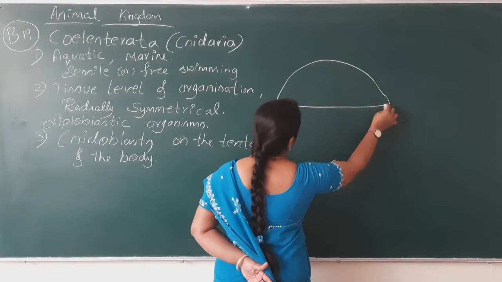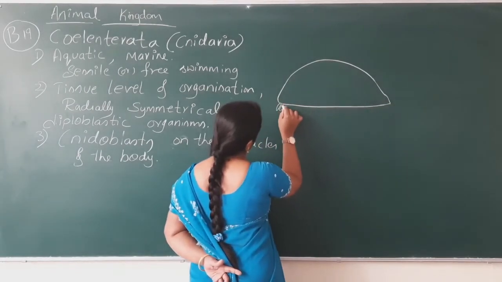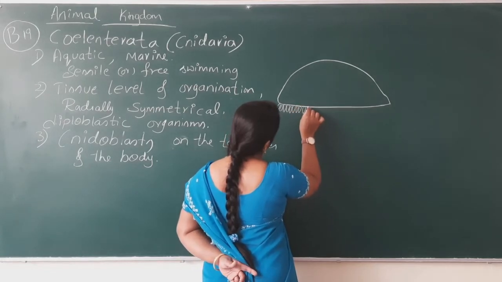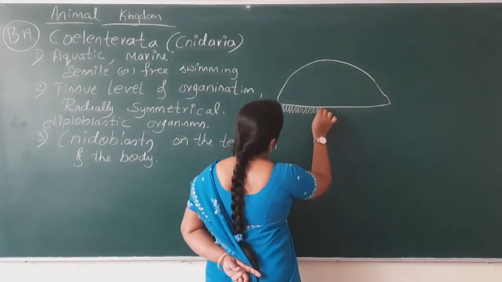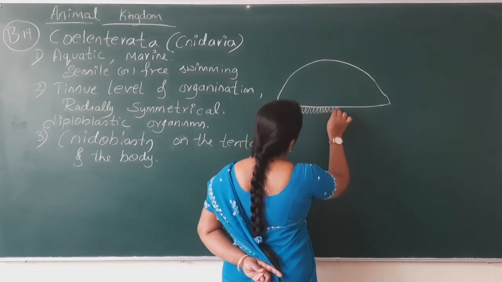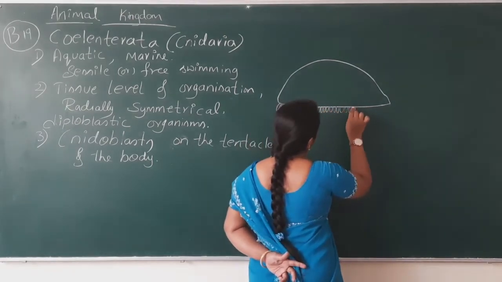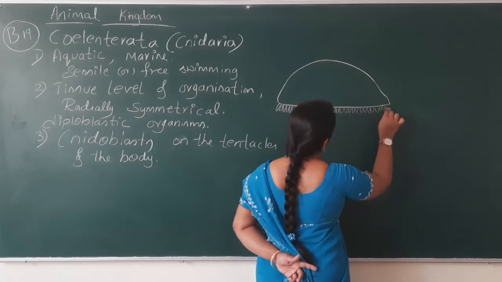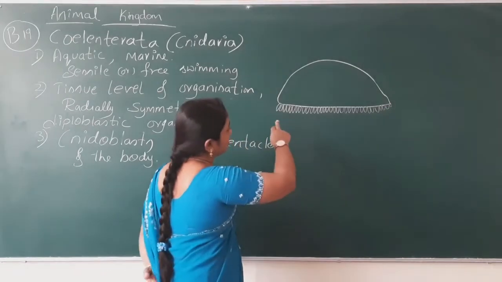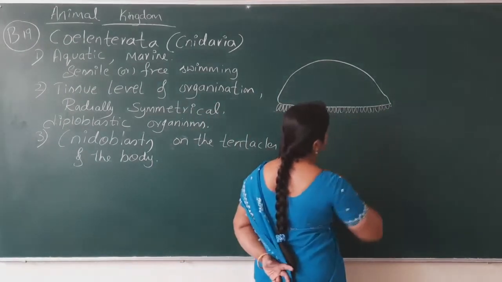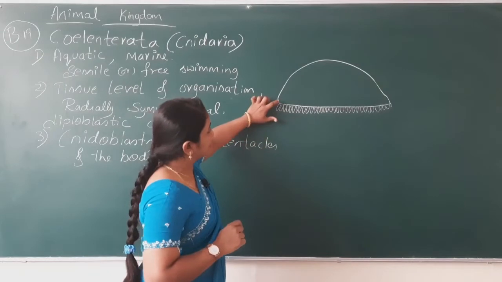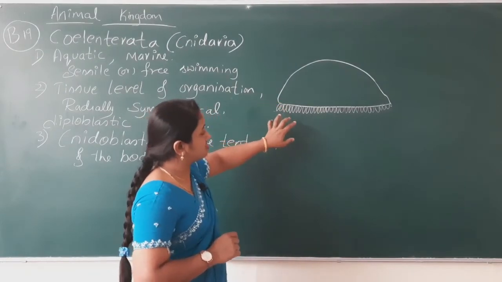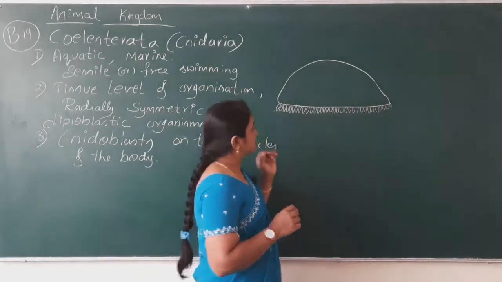It is a free swimming animal, and it looks umbrella shaped, having tentacles on the body. So these are all the tentacles. One tentacle, one more, like this, it possesses a number of tentacles.